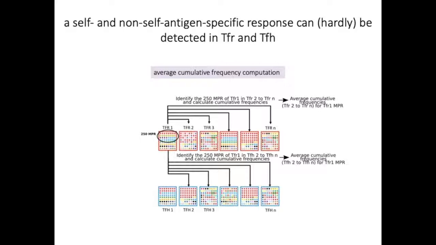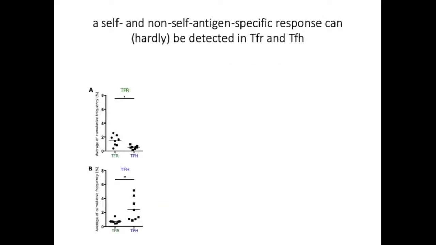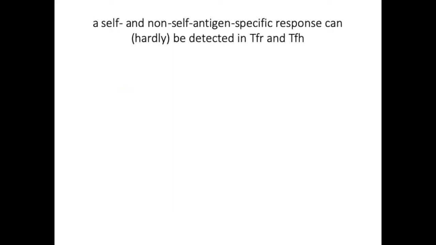We have a cumulative frequency that we can then plot, which indicates the sharing or resemblance between the different samples. What you see when you do that is, first, if you just compare broadly, independently of immunization, the TFR and the TFH, you have the impression that the sharing is a bit more for the TFR with the TFR and the TFH with the TFH, but it's not spectacular.